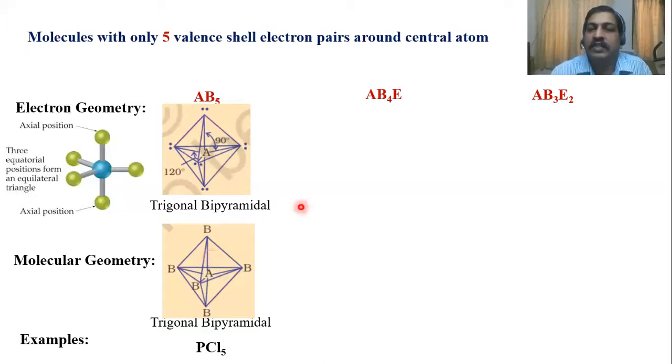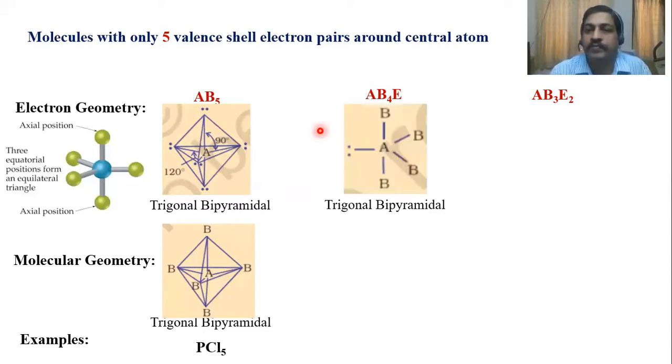So now let us look at the AB4E type of molecule. Again, the electron geometry is trigonal bipyramidal. In an AB4E type molecule, there is one lone electron pair and there are four bond electron pairs. The lone electron pair occupies only an equatorial position.